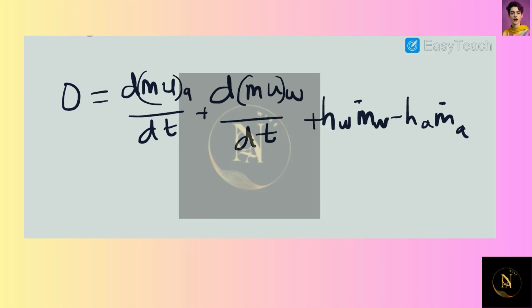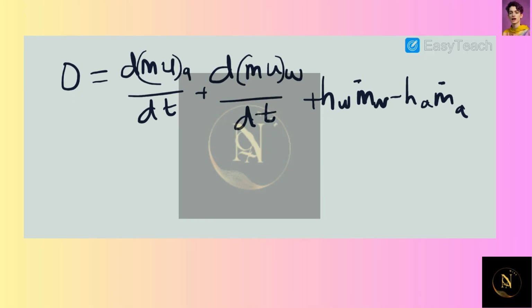Now we're going to combine this with the conservation of mass expressions, and we'll actually be able to cancel the dt terms.